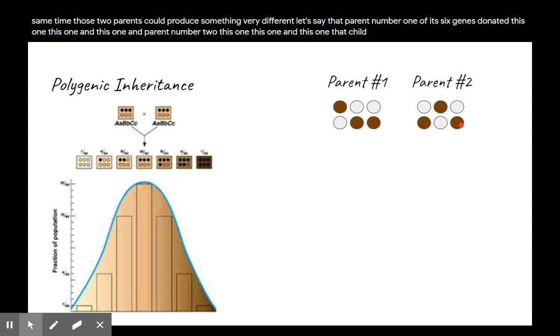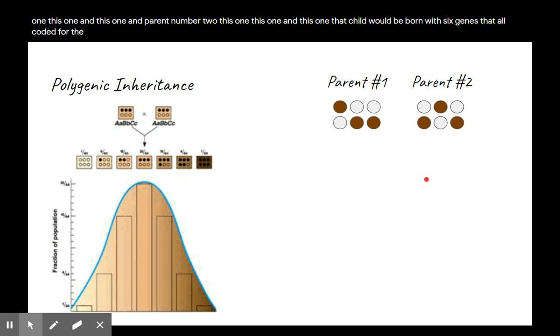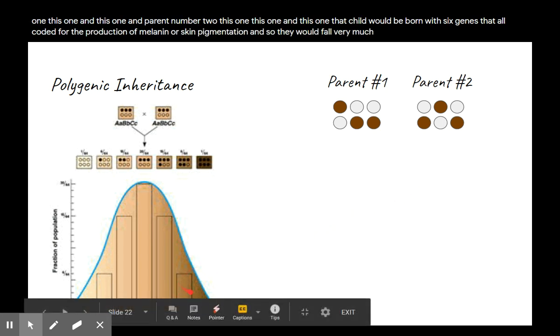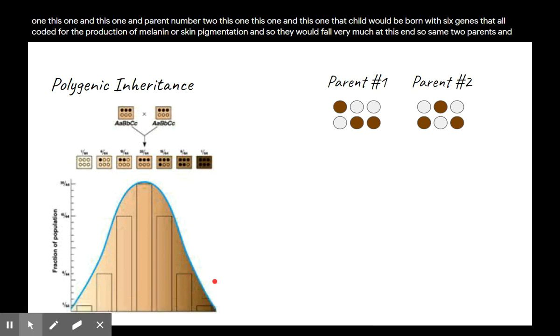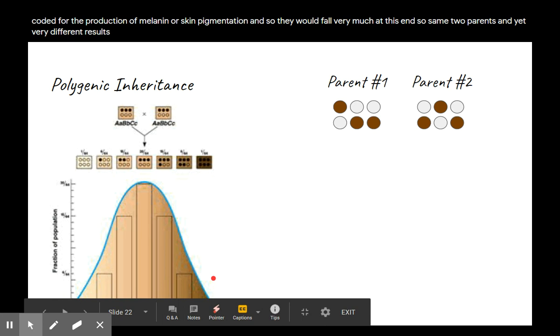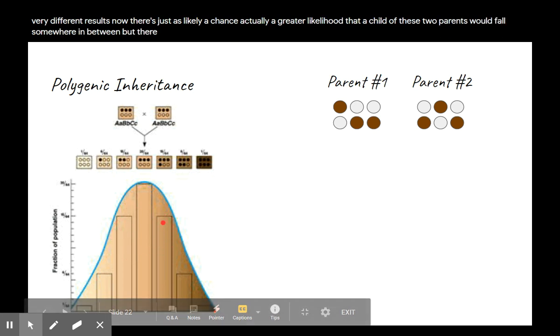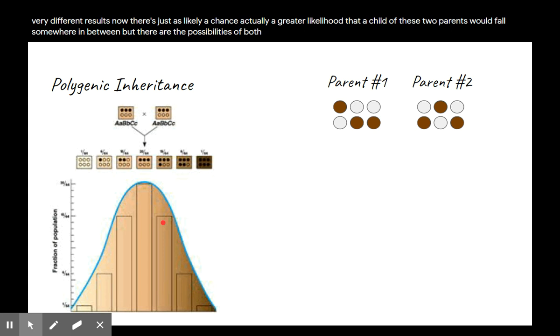That child would be born with 6 genes that all coded for the production of melanin or skin pigmentation, and so they would fall very much at this end. So same two parents, and yet very different results. Now, there's just as likely a chance, or actually a greater likelihood, that a child of these two parents would fall somewhere in between, but there are the possibilities of both extremes.